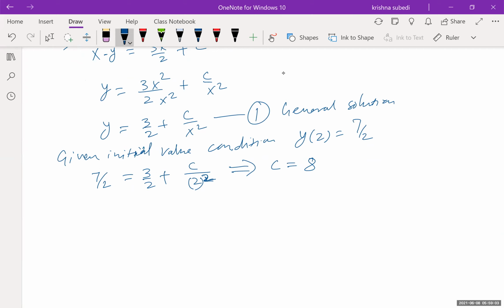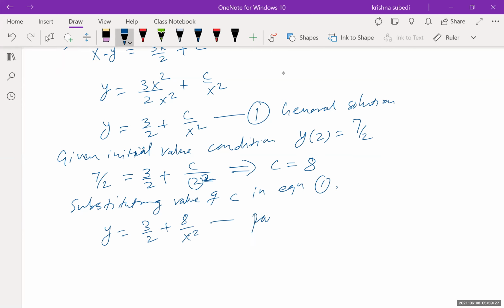Now substitute the value of c back in equation 1, so we get y equals 3 over 2 plus 8 over x squared, which is your particular solution, okay?